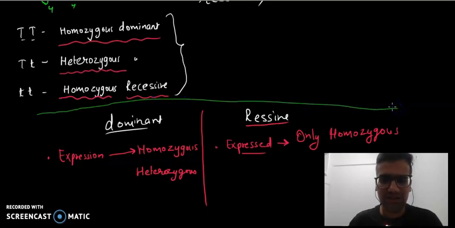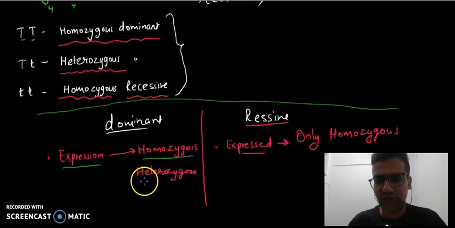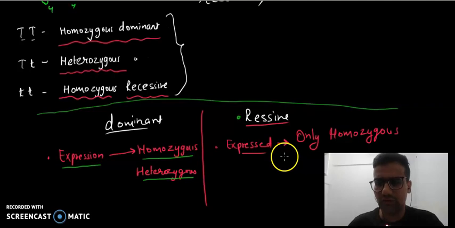NEET is basic examination. So NEET asks the simple basic questions. Homozygous dominant character means expression of these characters can happen in homozygous form as well as heterozygous form. Whereas recessive genes can be only expressed in homozygous recessive form.